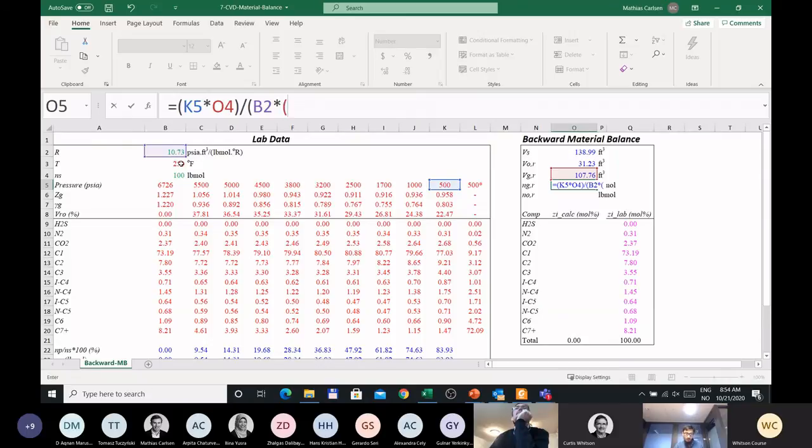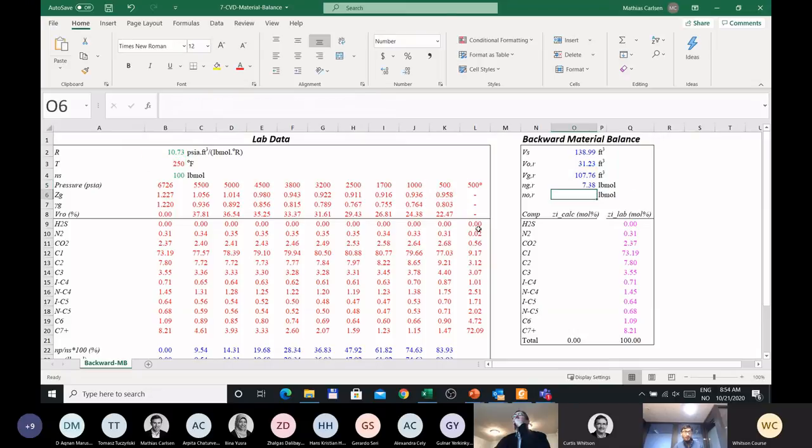Again, the T should be in Rankine, and then we have the gas Z factor for this gas here. Yeah, so 7.38 moles.